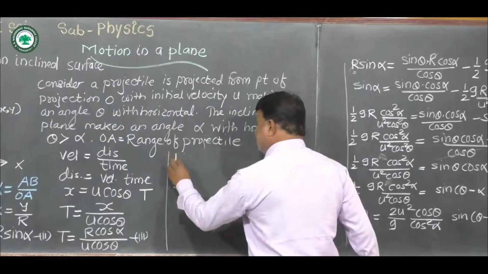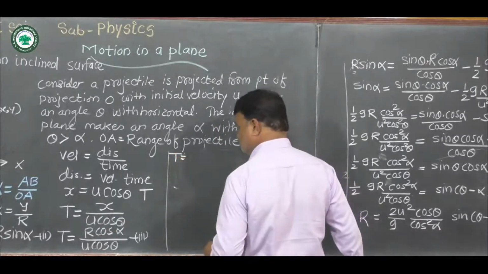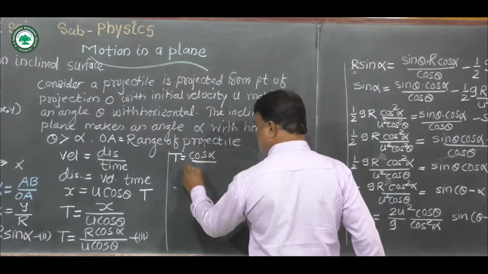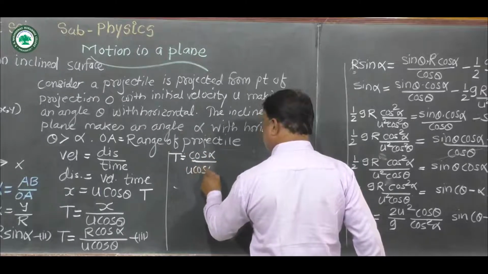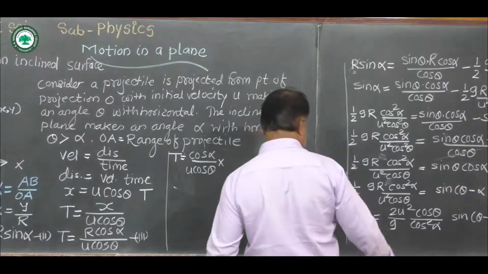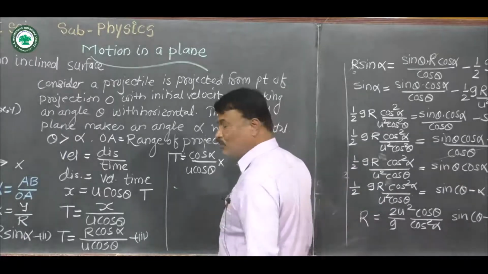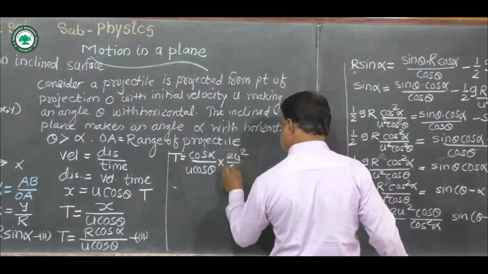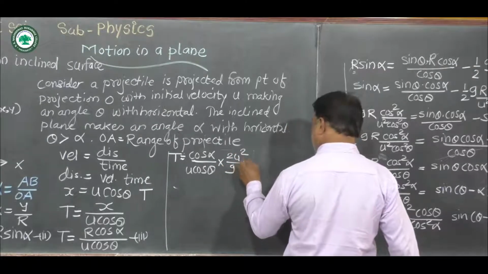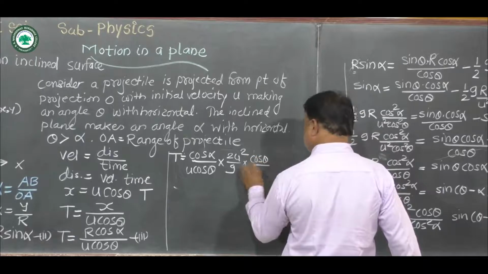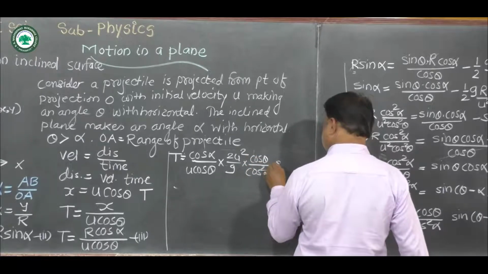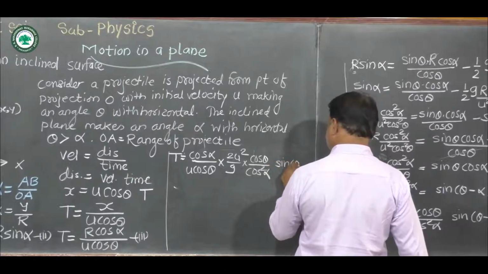So we get capital T is equal to cos alpha upon u cos theta into R. R is given by equation 4, so that is equal to twice u square upon g into cos theta upon cos square alpha into sin(theta minus alpha).